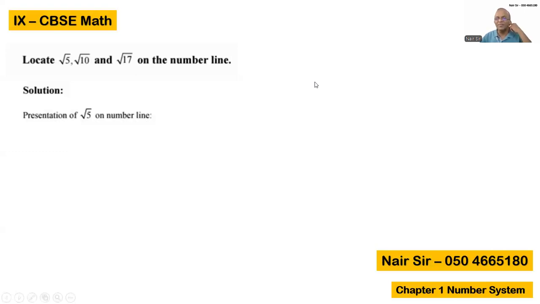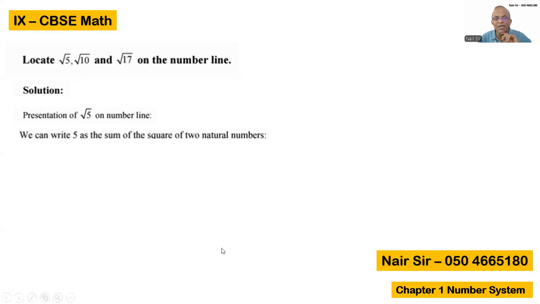Solution. I need to present root 5 on a number line. We can write 5 as the sum of the squares of two natural numbers. Natural numbers are what? 1, 2, 3, 4, 5, 6, 7, 8, 9, 10, 11, 12. 0, when it comes, it becomes a whole number.